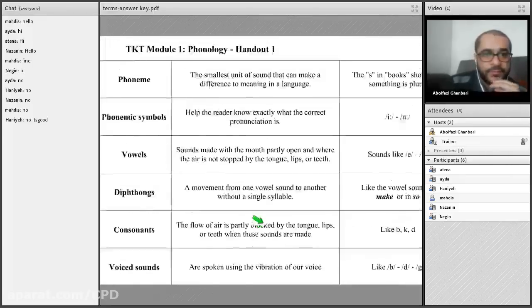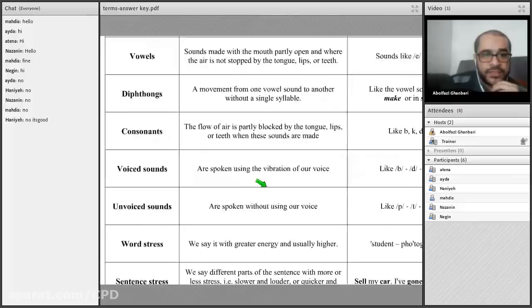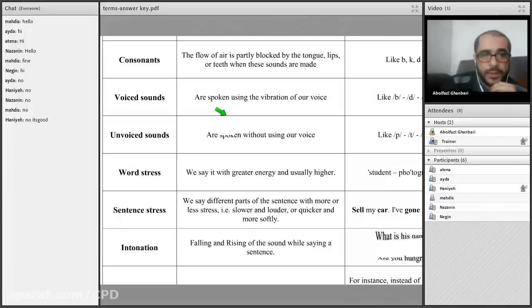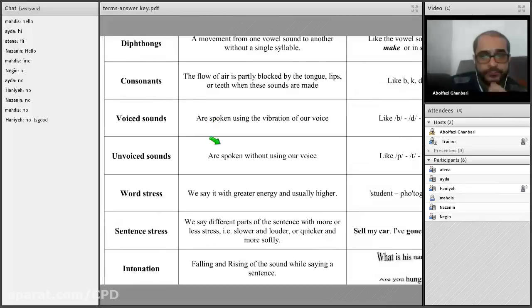Very good. So, Hania, what is diphthong? Hello. Diphthong is a word with a single syllable.